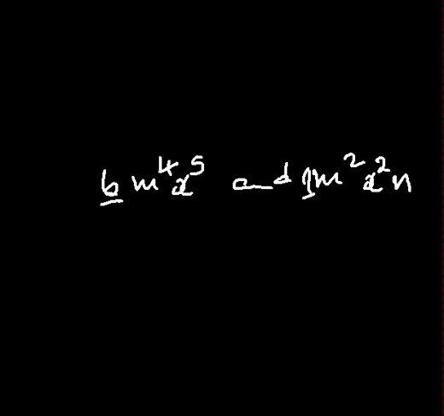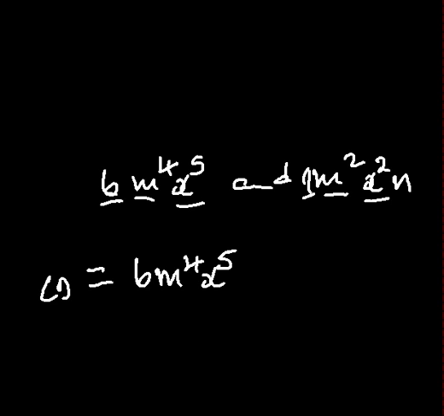What is the common denominator for 6 and 1? We have it as 6. Then we have m to the power 4 and m to the power 2. The one with the highest degree power is the common denominator. Then we have x to the power 5 and x to the power 2. The one with the highest degree power is the common denominator. Then here there is n, here there is no n. We'll have it as part of the common denominator as well.